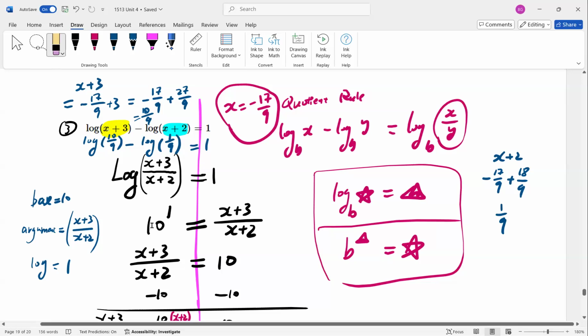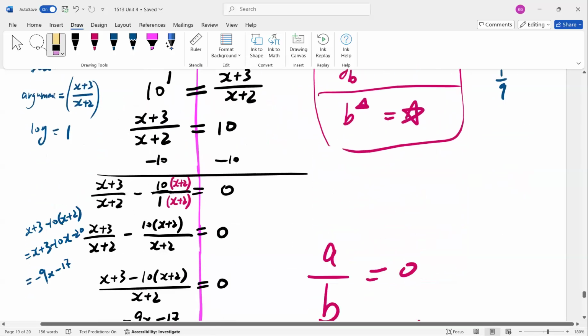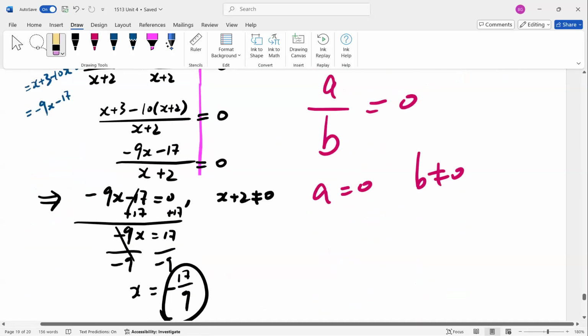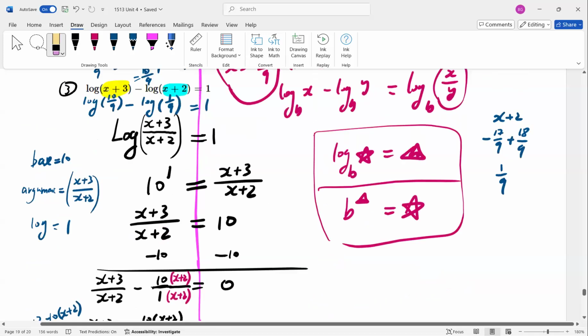But when we get rid of the structure, we remove the restriction, and the domain expands. When the domain is expanded, we might invite in extraneous solutions. So it's very, very important to double check. That is number 3. It's pretty long, right?